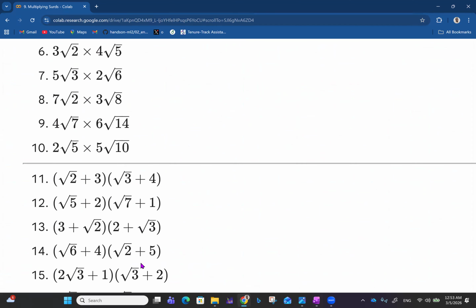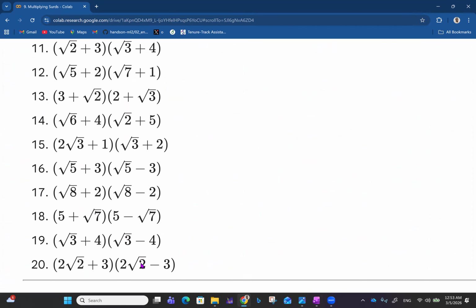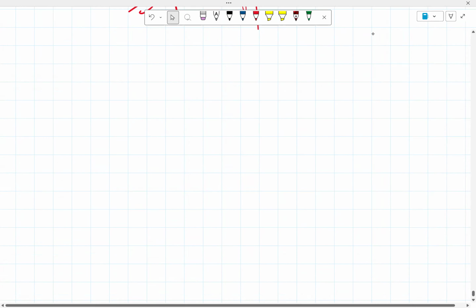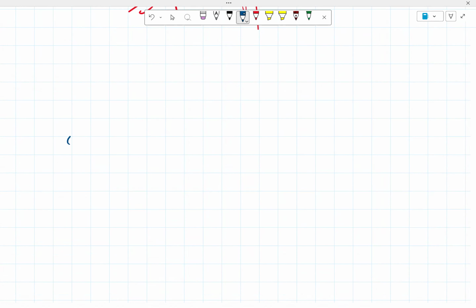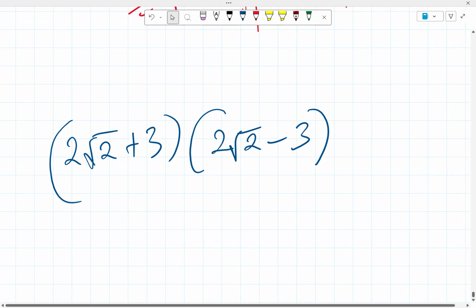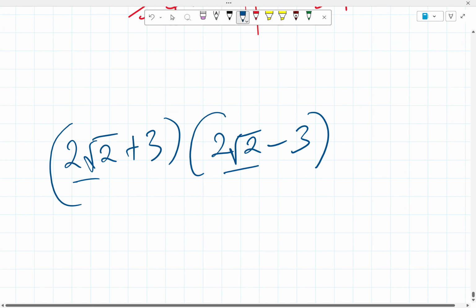Okay, the last one, question 20: 2 root 2 plus 3 multiplied by 2 root 2 minus 3. Because the signs are different, you can easily do the difference of two squares.